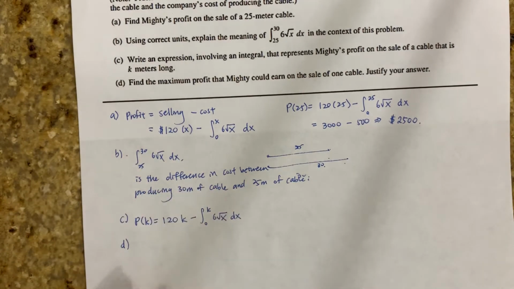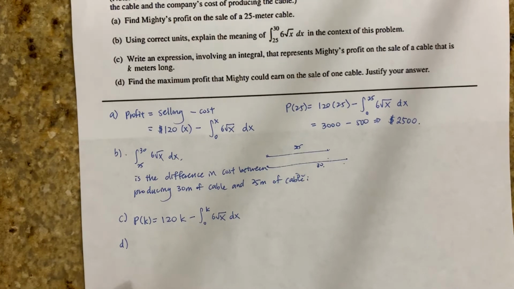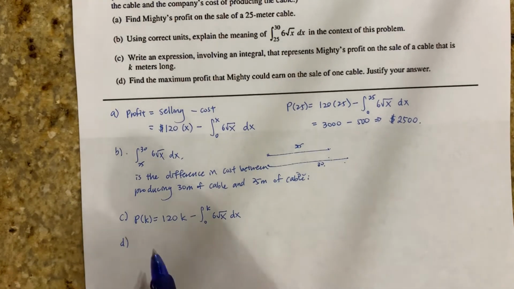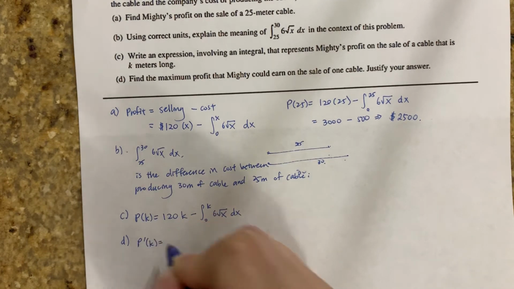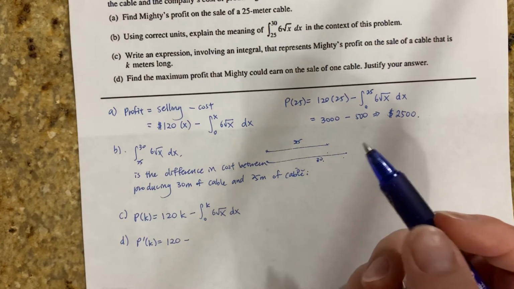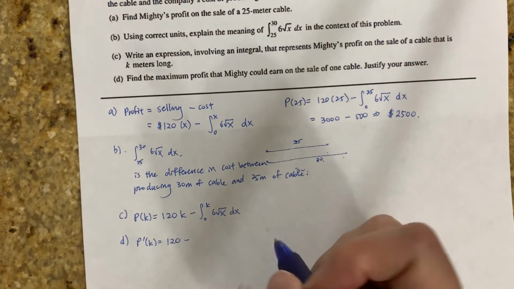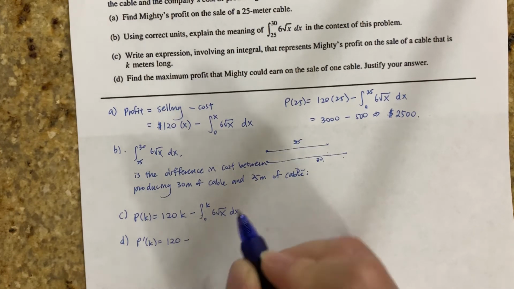Part D says, find the maximum profit that Mighty could earn on the sale of one cable. Justify your answer. So we want to find the maximum of profit. Again, finding the maximum of anything requires you take the first derivative, set equal to 0. That means we take the first derivative of this function. So P prime of k equals 120, right, minus, well, this is where we talked about, you have this function where you're taking a derivative of an integral, right?